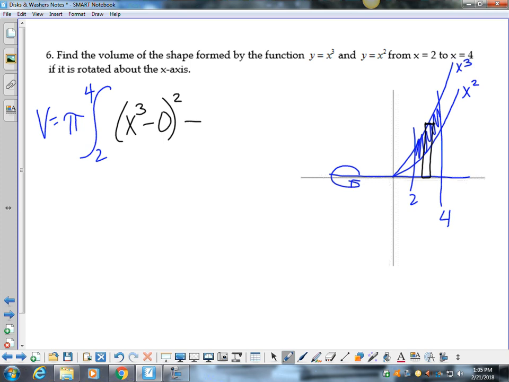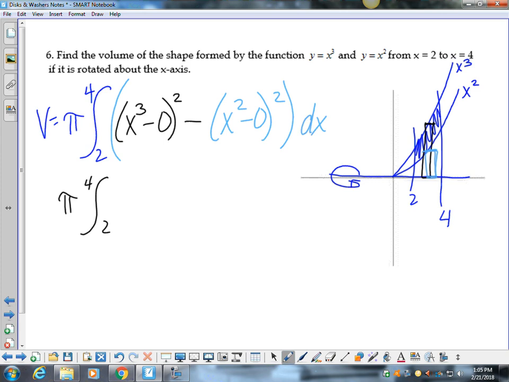Now I need the area of the little guy, and that's this piece that I need to take out. So its top is going to be x squared all the way down to the axis of rotation. So pi, 2 to 4, x to the 6th minus x to the 4th.